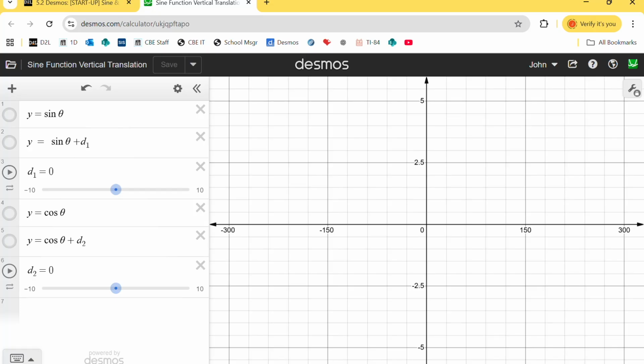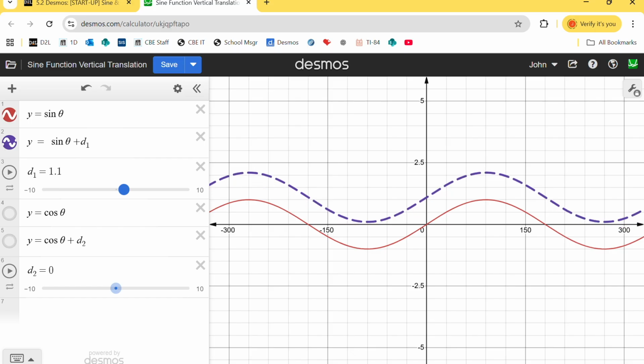Hey everyone, so we're demonstrating vertical displacement, also our vertical translation. If I start with my standard graph y equals sine of theta, let me overlay y equals sine of theta plus d, which is the vertical displacement. Well, what happens when I have a positive displacement, so d equals 1?